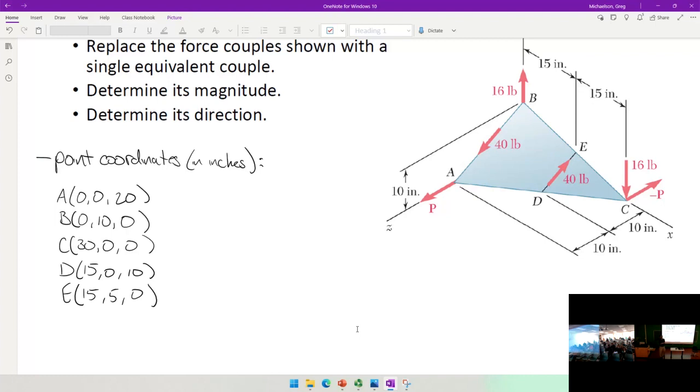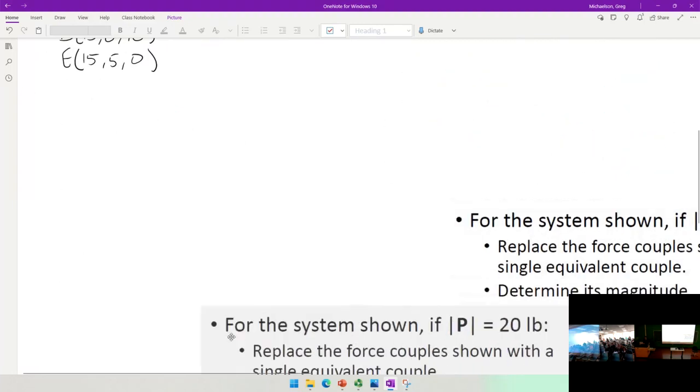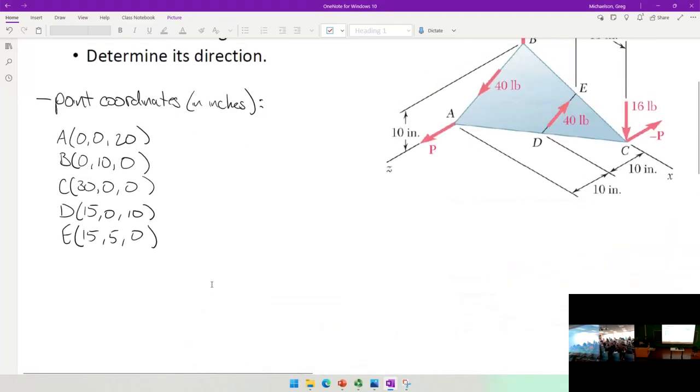One way involves the very formal definition, R cross F. The other is hopefully a little more straightforward. Let's start off with the straightforward method. So let's look at the 16-pound force couple.